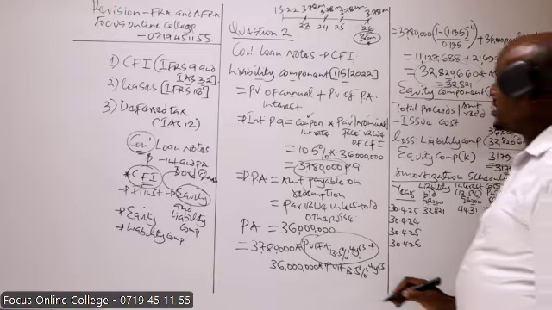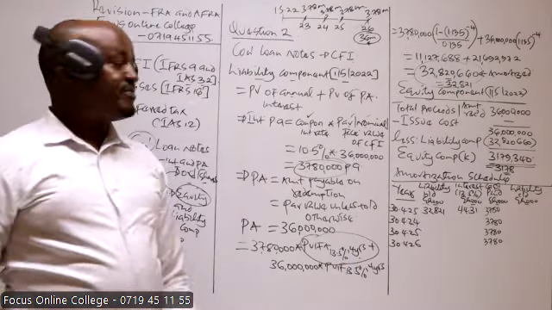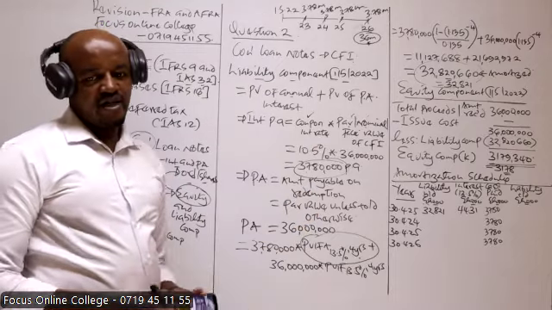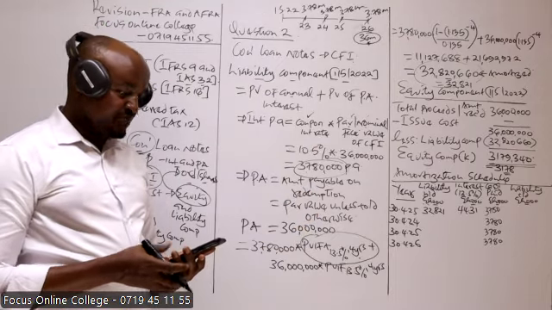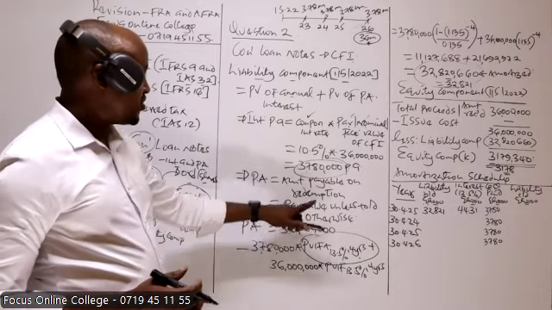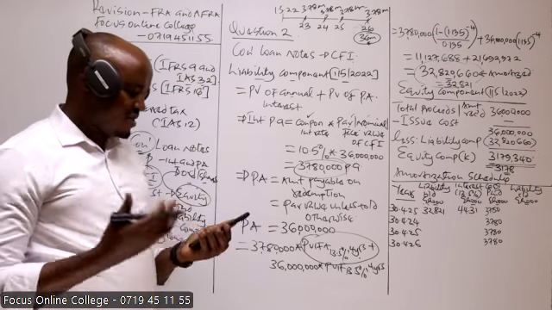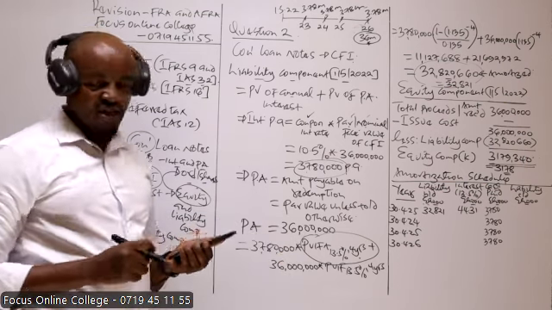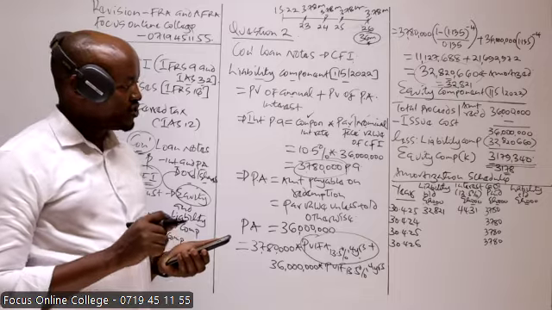Then we also need to check when the principal amount will be paid. Will it be paid at the end of the 4th year or on the following day? In paragraph 1, this principal amount of 36 million, when is it supposed to be paid? As per our question, it will be paid on 1st of May 2026.